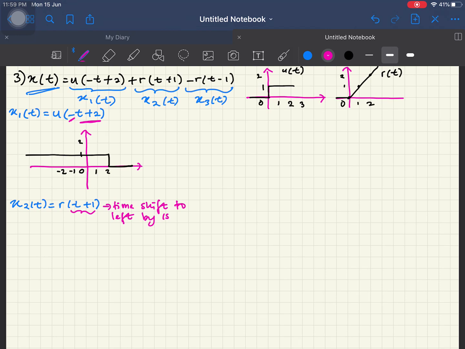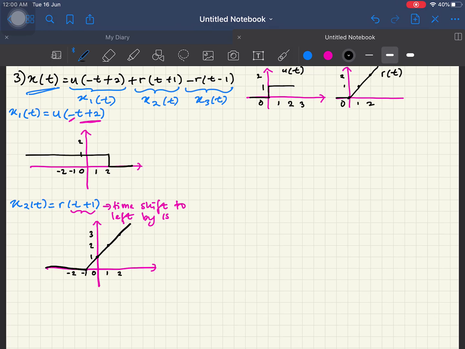If I am to plot the graph, I will get something like this. Zero until minus 1, and then the slope is positive 1.